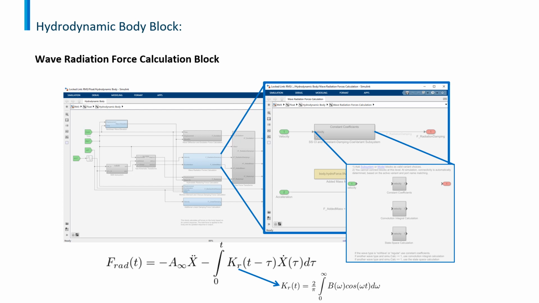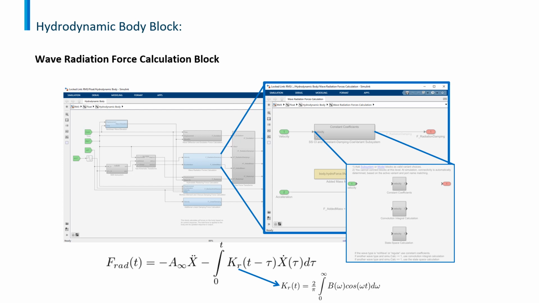In the rightmost screenshot, three variant subsystems are shown, corresponding to, one, regular waves, where the convolution reduces to a scalar being multiplied to the body velocity at each time step, where the scalar is the radiation damping at the pertinent time step, corresponding to the pertinent incoming wave frequency.